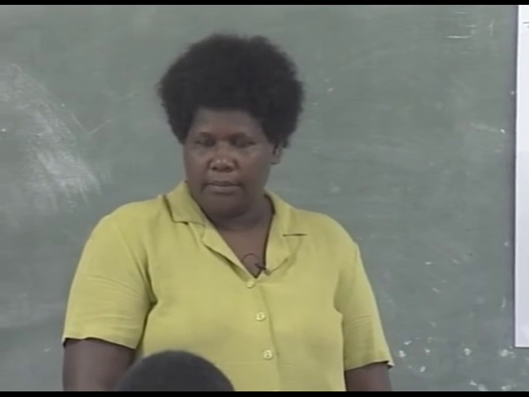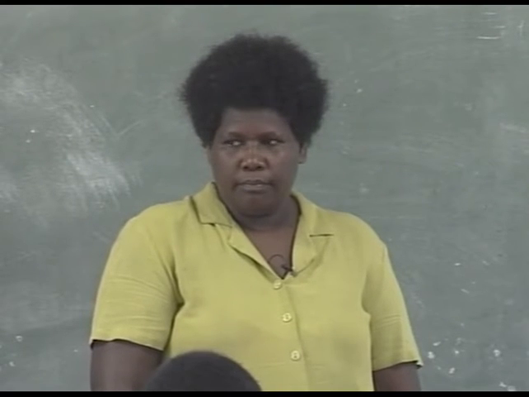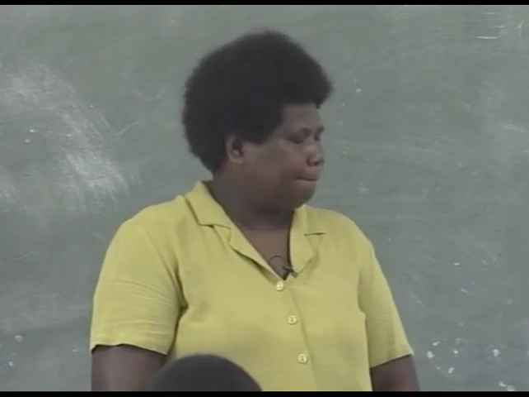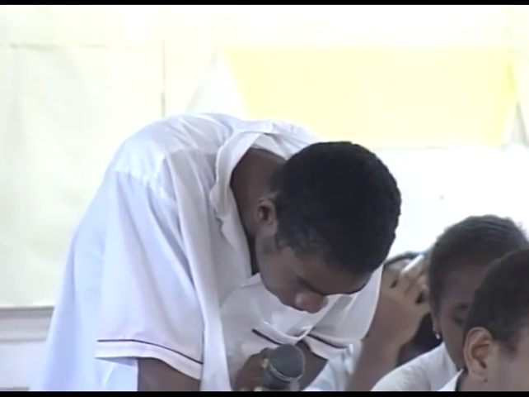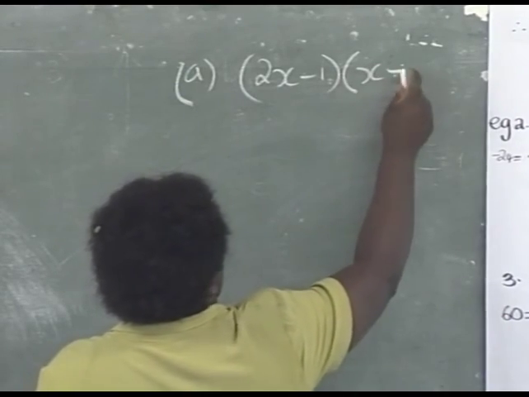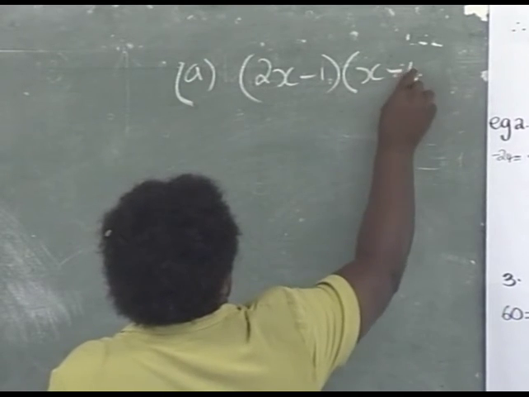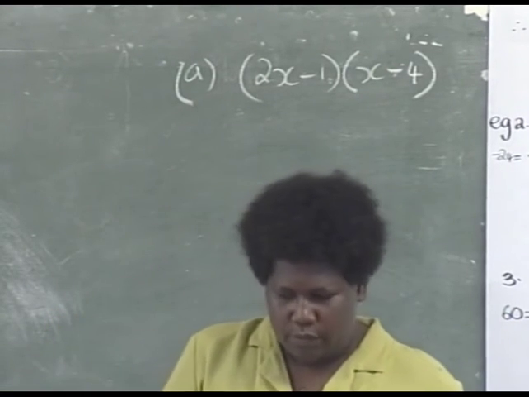What's your answer? Two x minus 1 in one bracket, and x minus 4 in the other. X minus 4. Yes. Okay, 2x minus 1 times x minus 4 is correct for letter A.